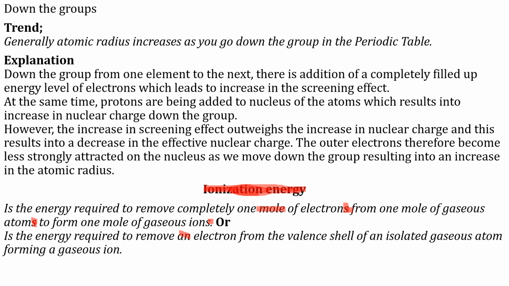But when defining this term, be cautious about the number you are using. If you are using mole, make sure that everything is in plural: electrons, atoms, and ions. If you're not going to use mole in your definition, make sure that everything is singular. Energy required to remove an electron, 1. From a gaseous atom, still 1. To form a gaseous ion.